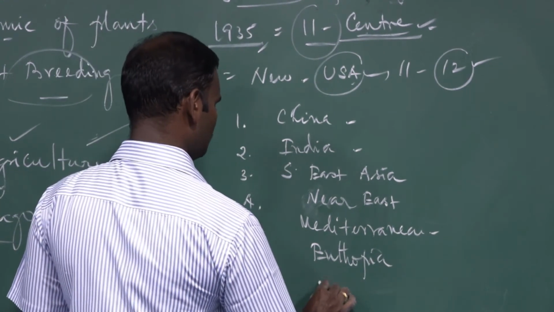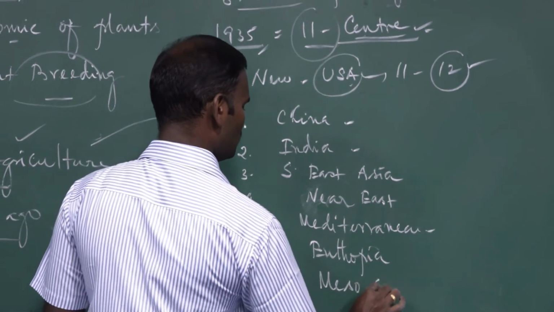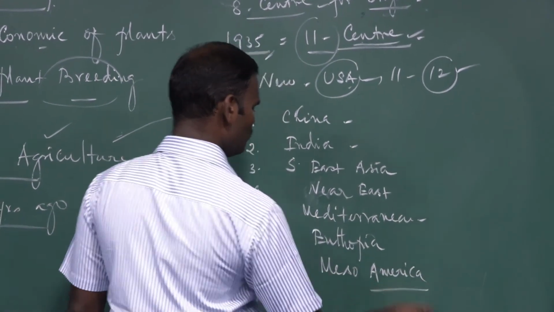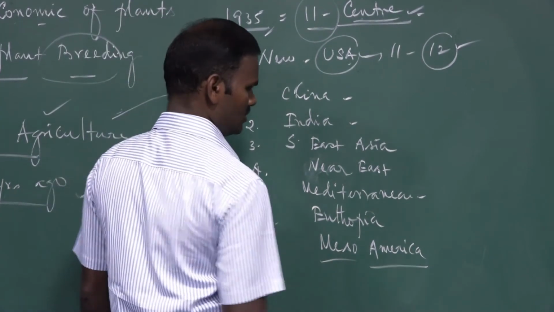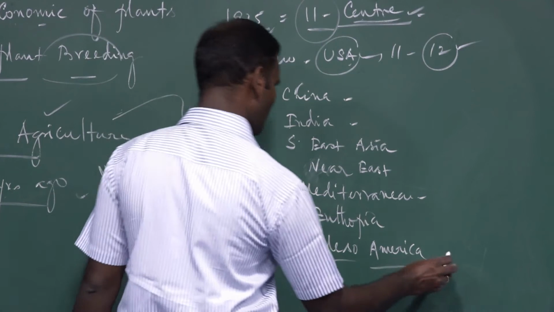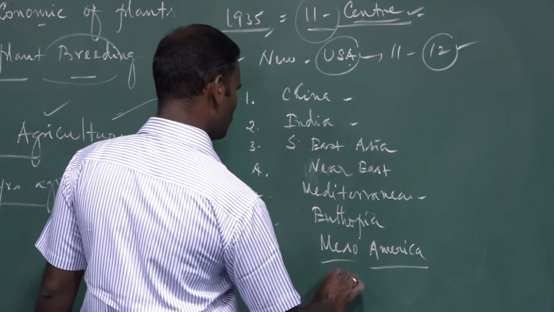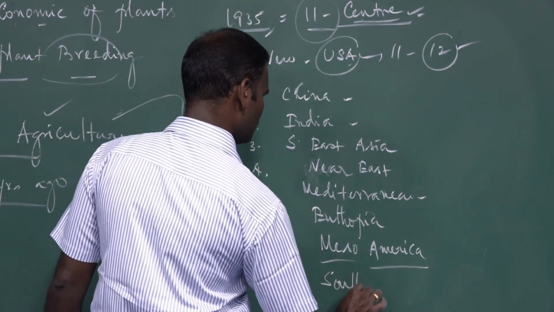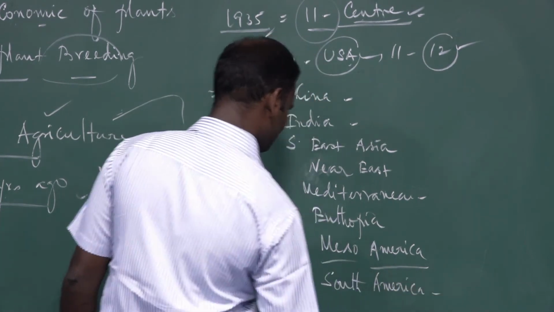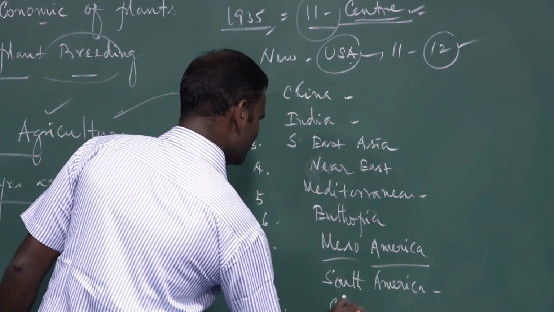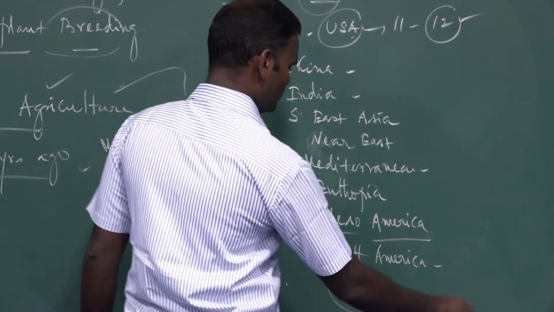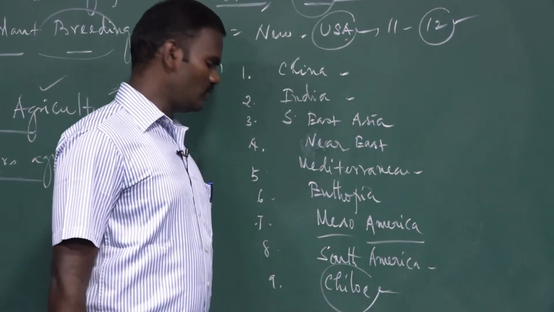The next is Mesoamerica, I mean the Central Mexican regions. This is Mesoamerica, the middle. Then South America, Chile, which is a main origin of plant species, for example, potato.